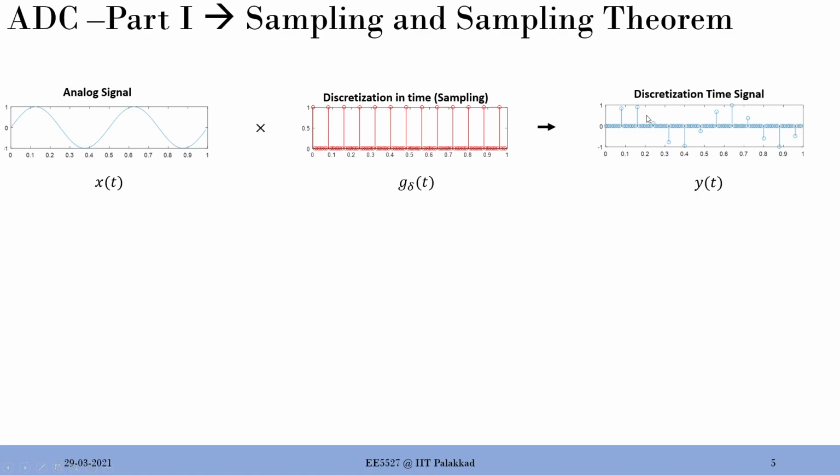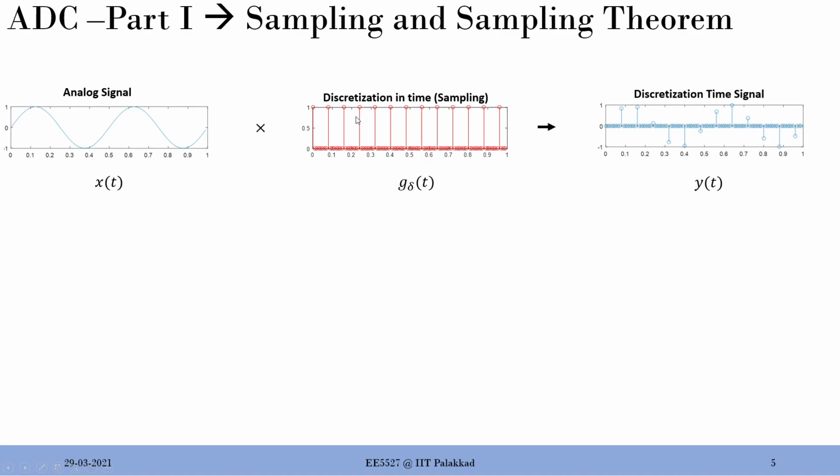If you do that, you end up getting this discrete time signal. Here amplitude discretization we are treating separately, even though in an ADC it may be combined, but for mathematical treatment, for understanding the phenomenon, we are treating it differently. So first is the sampling, where you are discretizing time or taking a few samples in time, and this is equivalent to simple multiplication of your analog signal with a discretized time signal, the sampling signal.